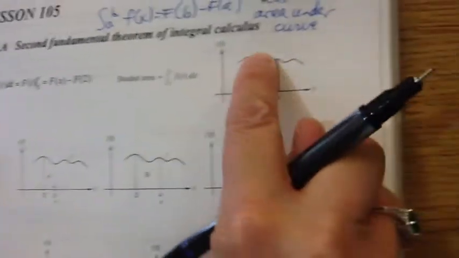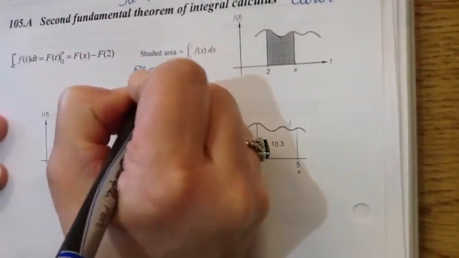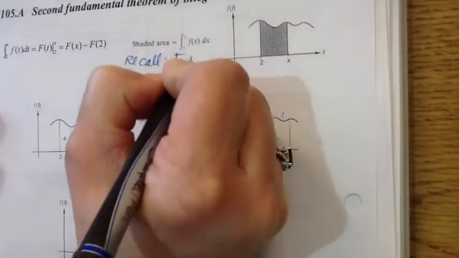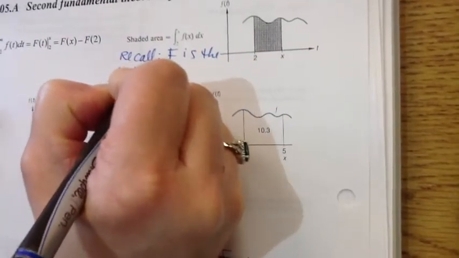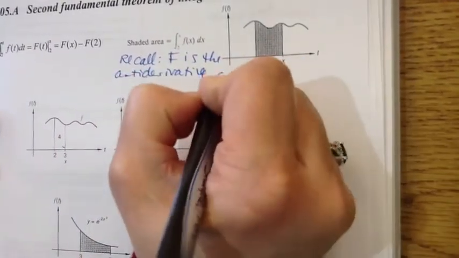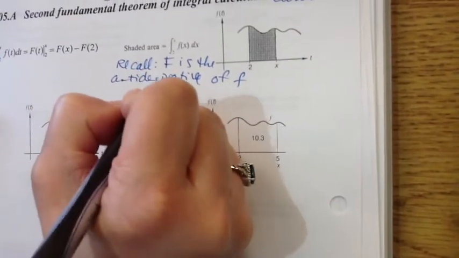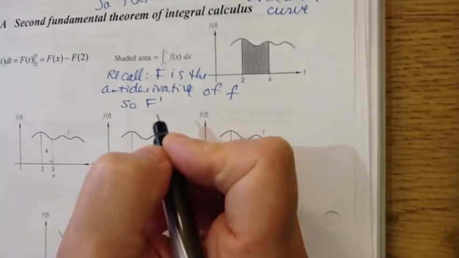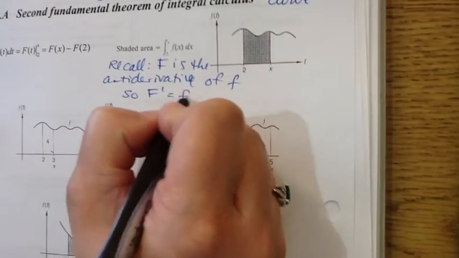And you're going, well, that's no different. Now the shaded area is here, and what I want you to recall is that F is the antiderivative of f. So if I take the derivative of an antiderivative, I'm going to get f.